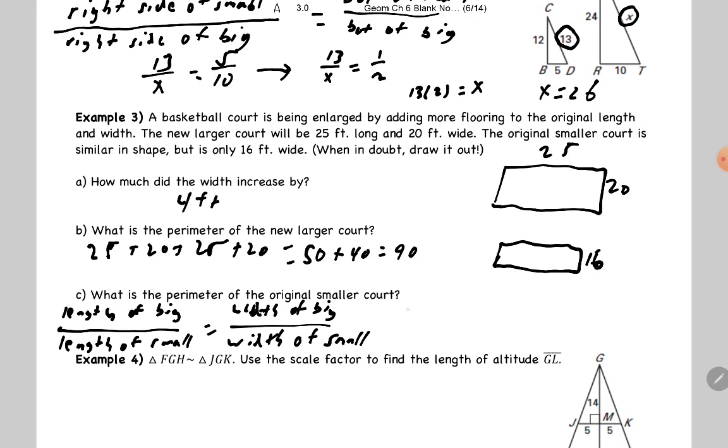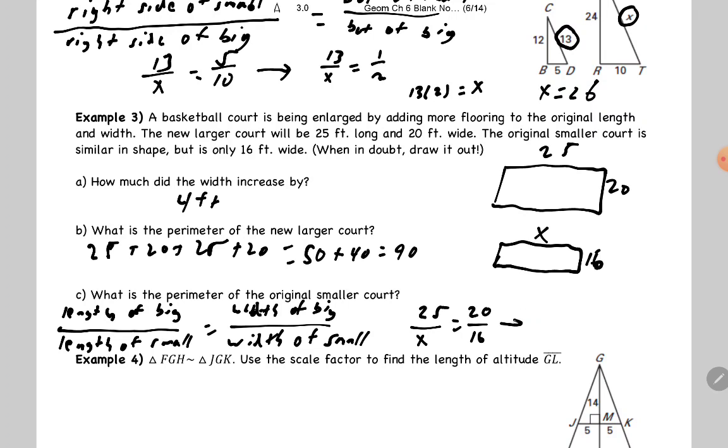So I'm going to put in my numbers. The length of the big one is 25. We want to know the length of the small, so we're going to call that x, equals the width of the big, which is 20, over width of the small, which is 16.